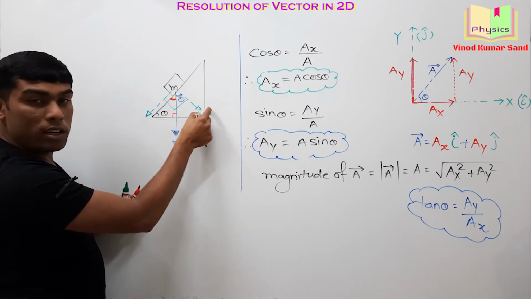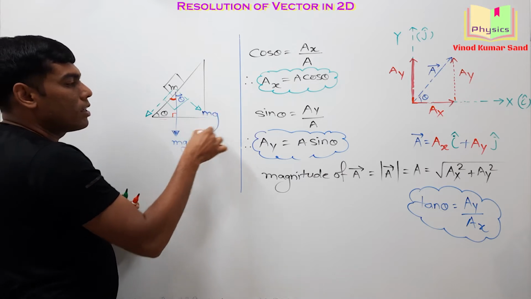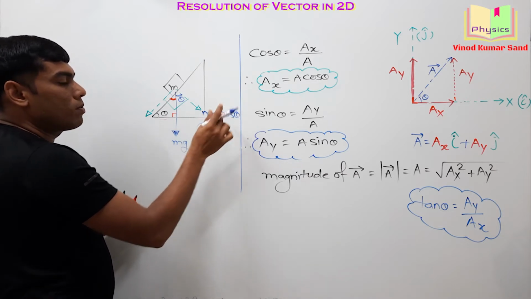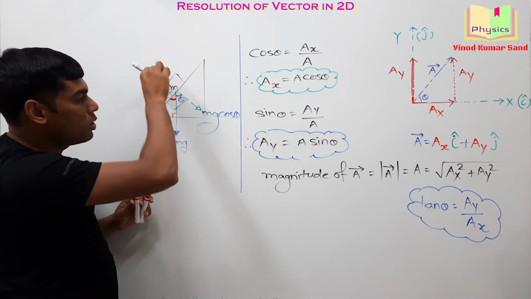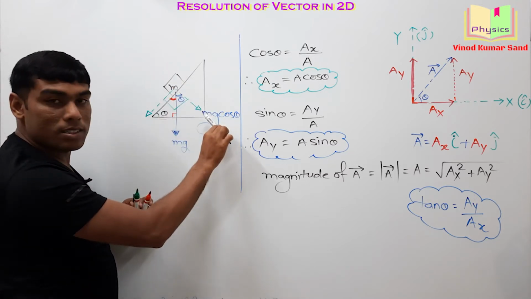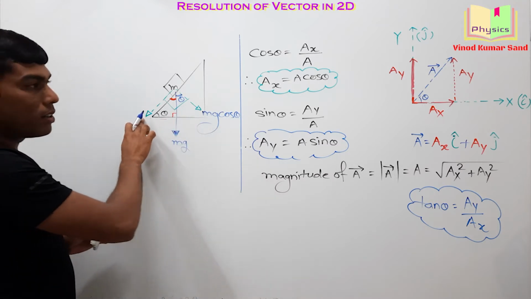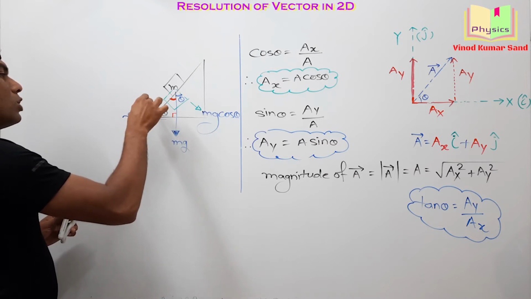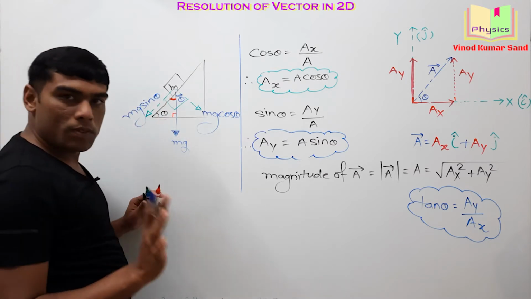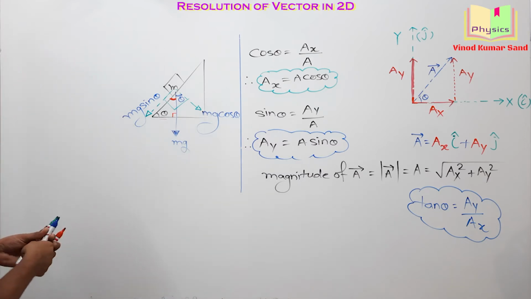So the component along this axis will be what? mg cos theta. This is the magnitude of the gravitational force along this axis. Fine. The remaining rectangular component we know will be written as mg sin theta. Is it clear? I'm taking another example.